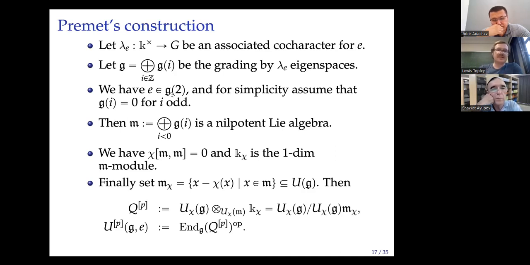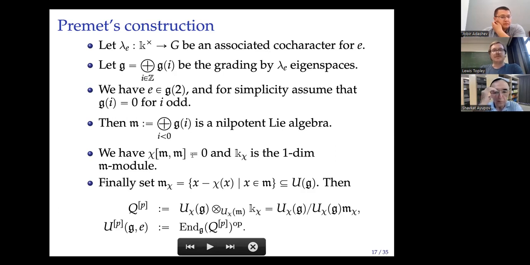The way to see this is that E lives in degree 2, and that means that chi is supported on degree -2. Now, because we've assumed this hypothesis, it means that m lives in degree -2 or less, and its derived subalgebra lives in degree -4 or less. So chi vanishes there. It's only supported on degree -2. And so chi gives a one-dimensional representation of this nilpotent Lie algebra.